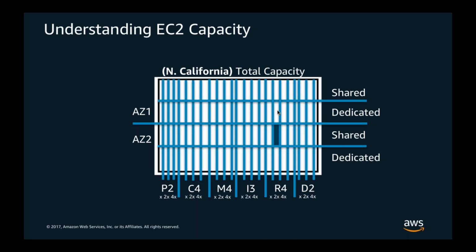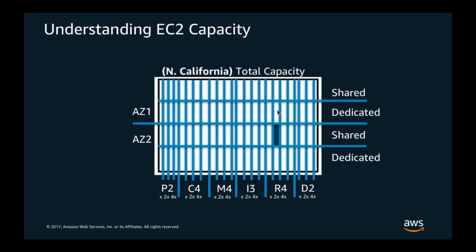Every region has 2 or more availability zones. Obviously these are separate pools of physical capacity, right? But if we start to slice it up along those vertical lines, we see each of those instance types, right? So P2s, C4s, M4s, for example, these are all separate pools of physical capacity in our data centers.